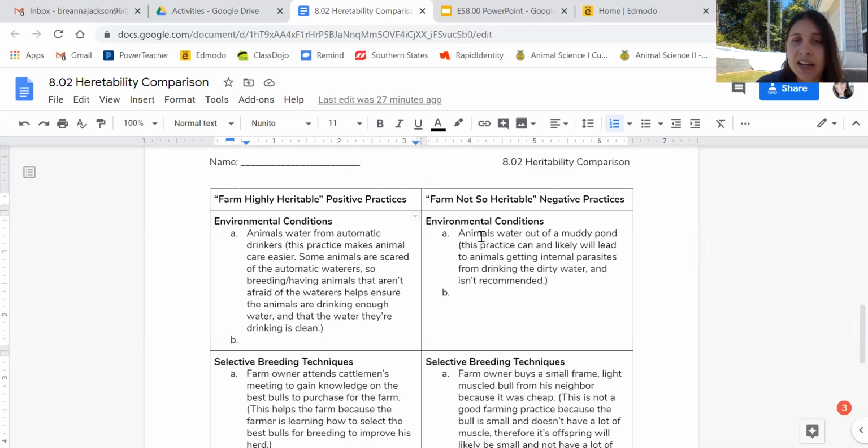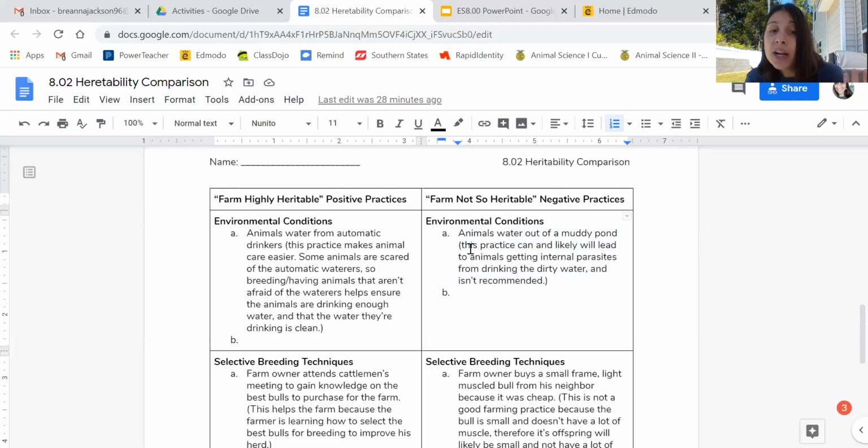A negative practice for environmental conditions, something that you're changing around the animal, is just saying, meh, there's a pond out back of the farm. The cows can just go get their water from there. Why should I spend money and get them automatic drinkers? They're just going to drink from that pond back there.